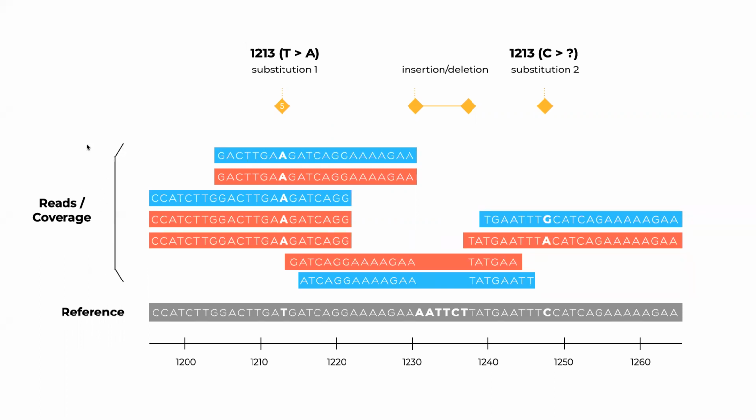So the higher the coverage, the higher confidence we might have about a particular change. If we have a lot of reads that map onto the same location, we have higher confidence in what we find, okay? So it's important to remember coverage plays a big role, and when we do sequencing, take a look at the coverage of that sequencing.